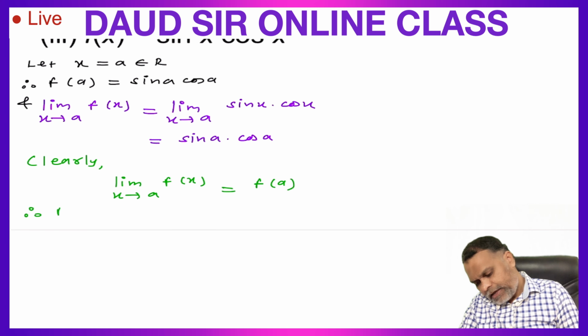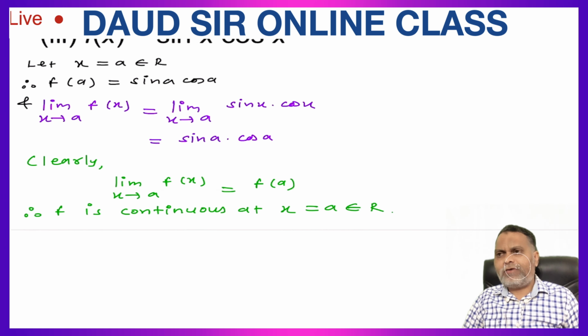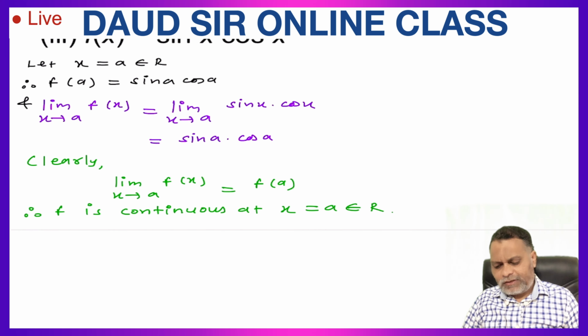Therefore, f is continuous at x is equal to a and a belongs to real number. For any real value of a or x, this function is continuous.